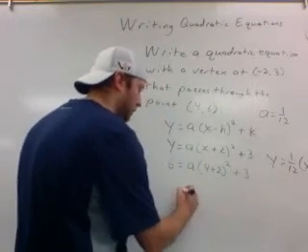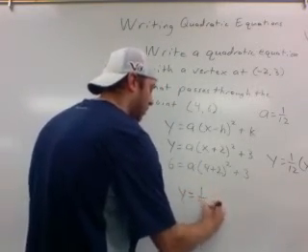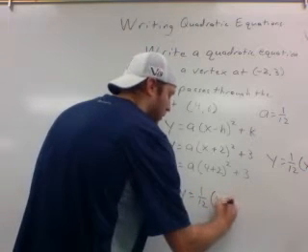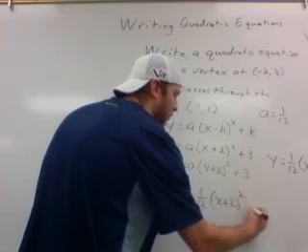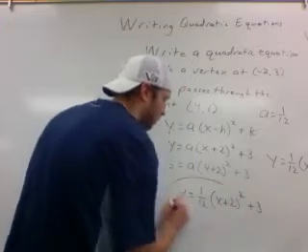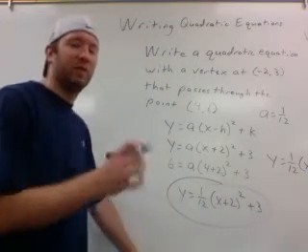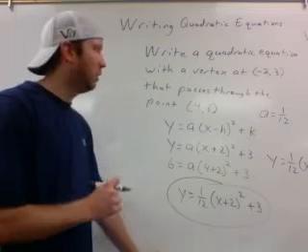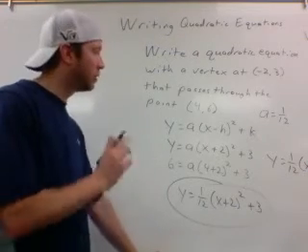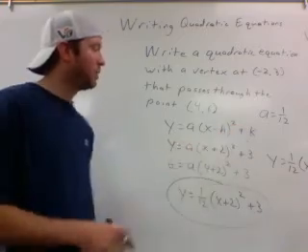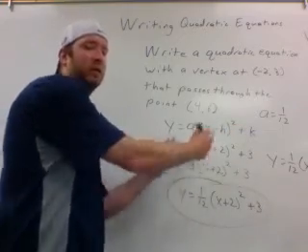Make sure we can see it. I get y equals 1/12. That's what I found for a. (x plus 2) squared and then plus 3. All right, so that's how I write a quadratic if I was given the vertex and another point. Okay, so plug the vertex in for (h, k), substitute the point for x, y, solve for a.